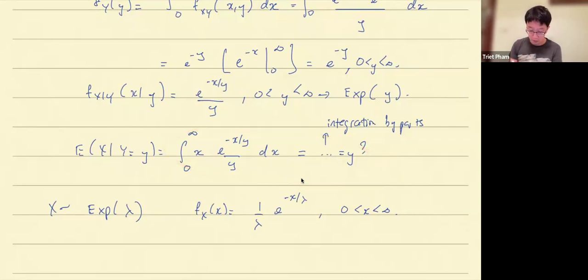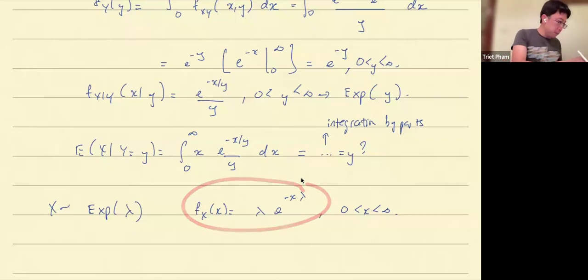The only thing is, it depends on the class. Sometimes people call this exponential lambda. Sometimes people call exponential lambda with the lambda on top like this. Okay. Let me check. I don't remember which notation this class uses. I have a vague feeling that it uses this actually.